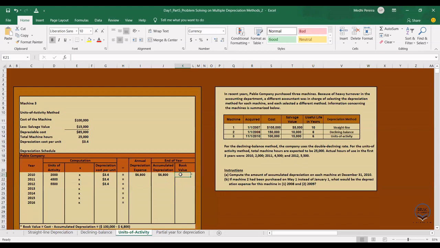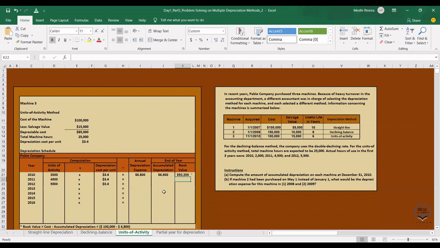Now we will just calculate the book value, which you already know is the cost of the machine minus the year's accumulated depreciation, which is 6,800 here. So we have 93,200 as the book value for 2010.